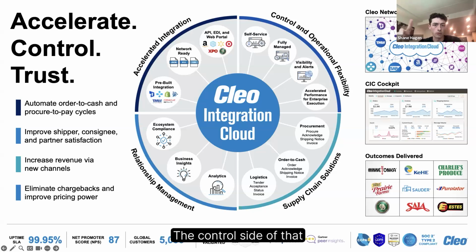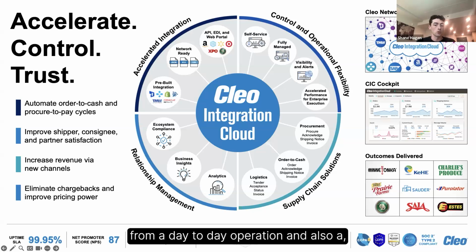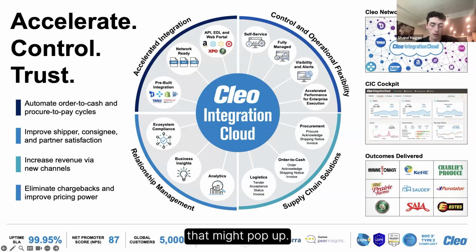The control side of that really comes through that right-hand corner, the control and operational flexibility that the platform offers. We offer both self-service and fully managed service offerings with our platform. So you can take full control over the Clio environment, never have to speak to a Clio team member again, or you can be fully managed and rely on our team to manage things from a day-to-day operation and also any new development or onboardings that might pop up.